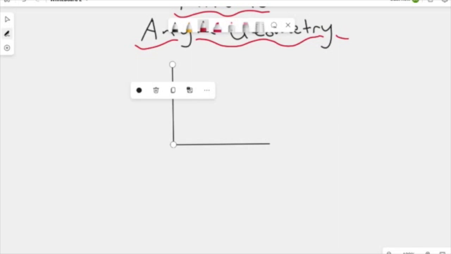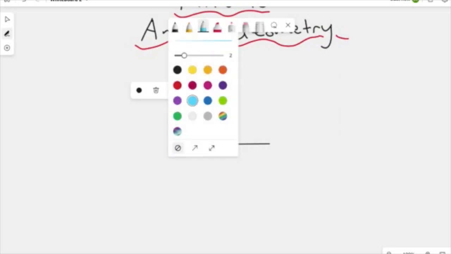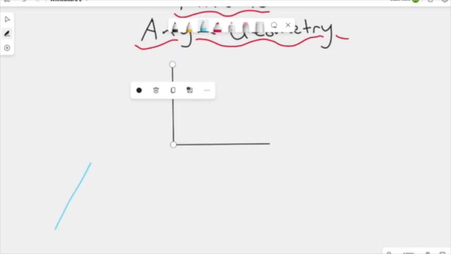And I'm going to draw an example of one down here. It can be anything as long as it falls between my 90 degrees and the two perpendicular lines that make this up. So I have my 90-degree angle, and we can see that our line falls between here.